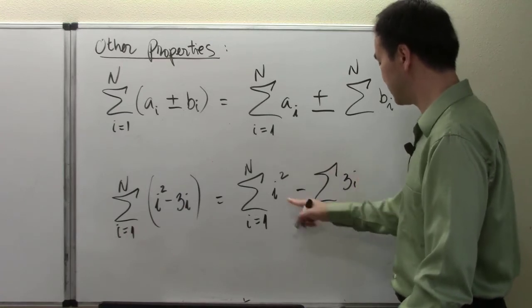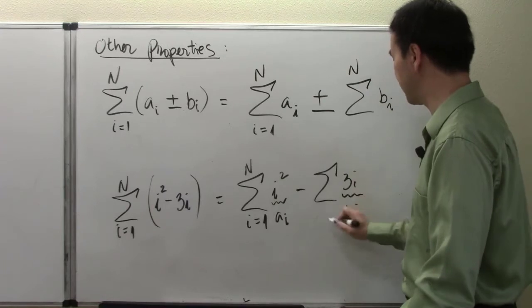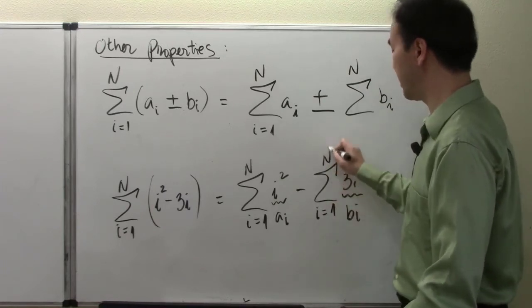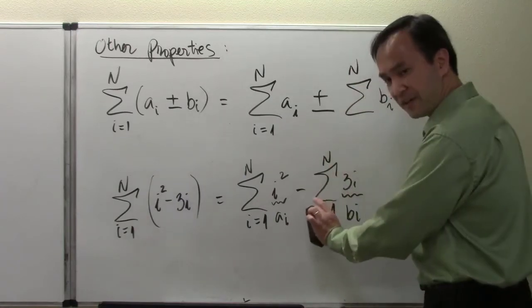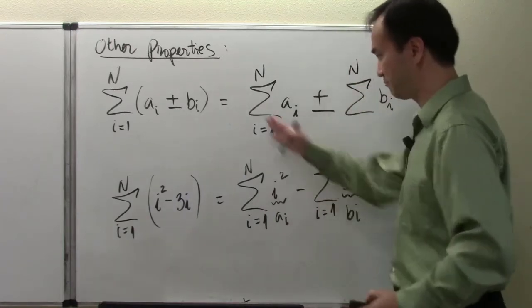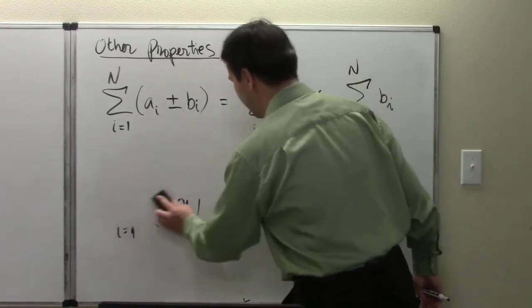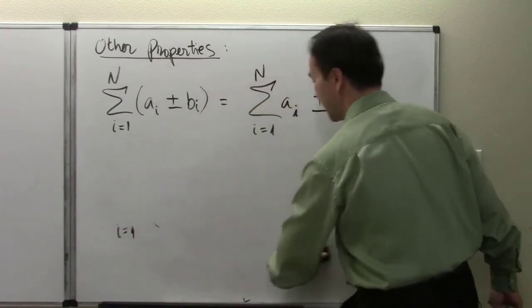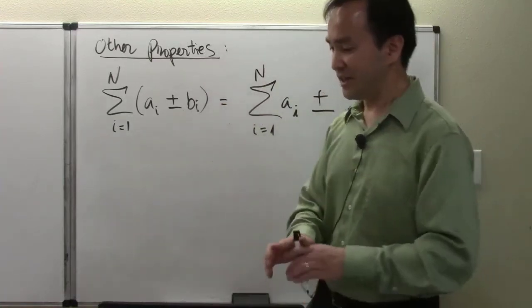This is a_i, and this part right here is the b_i, and i is from 1 to n. We will get further into this kind of problem. Here I'm just reminding anyone about these other properties that we learned in earlier days when you began seeing summation notations. All right.